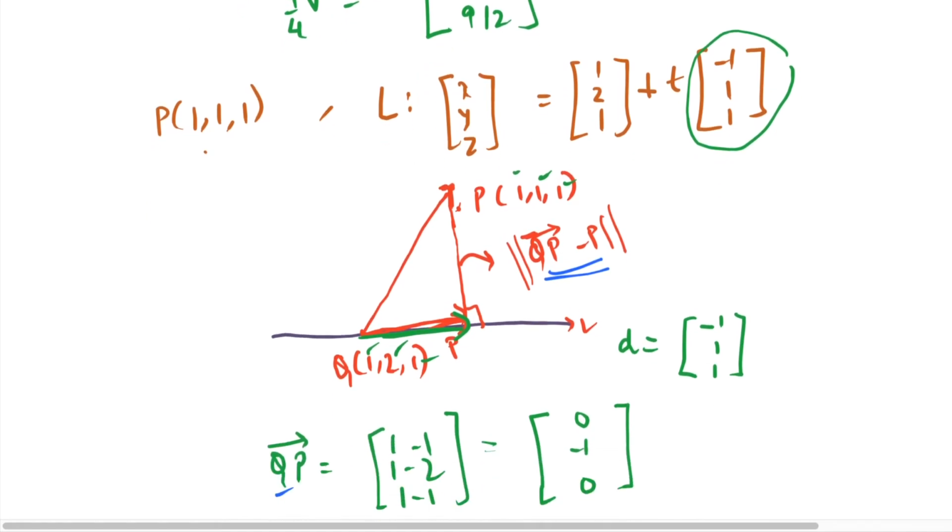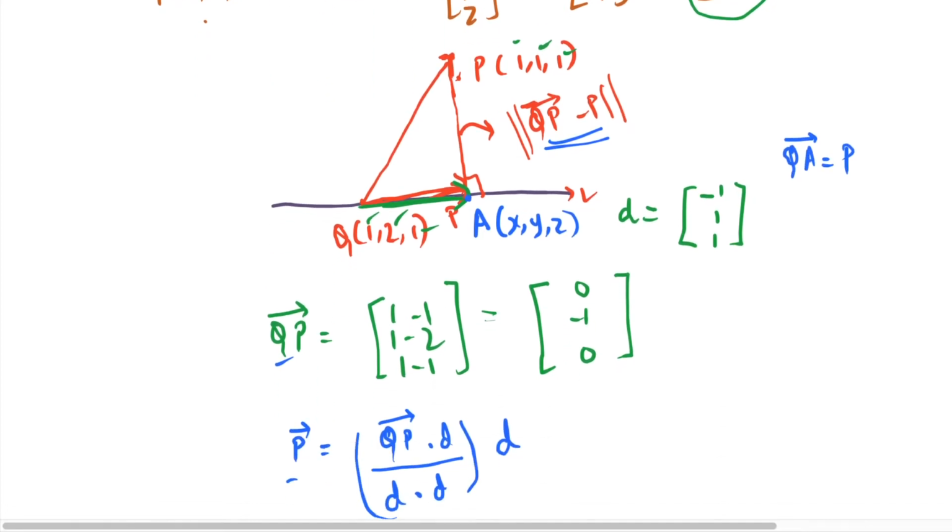And also we wanted to find out the point on the line L that is closest to the point P. So let this point be A, which is denoted by x, y, z. Then we know that the vector QA is actually equal to the vector P. So let me calculate what vector QA is.